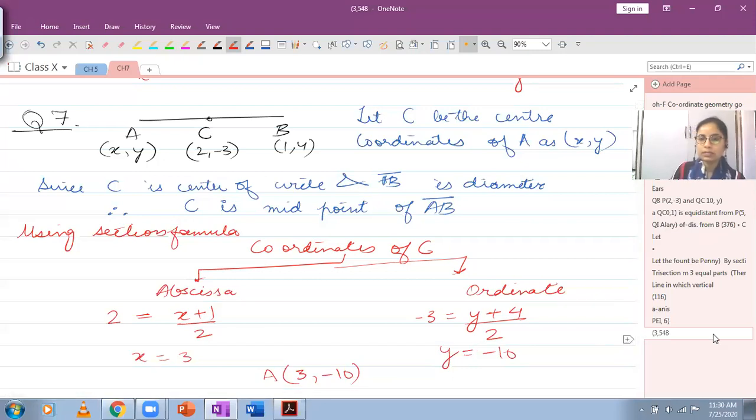Now, sometimes they also ask for the radius of the circle. Many times they ask, what is the radius of the circle? So you can find the distance AC or BC, or you can find the distance AB divided by 2.